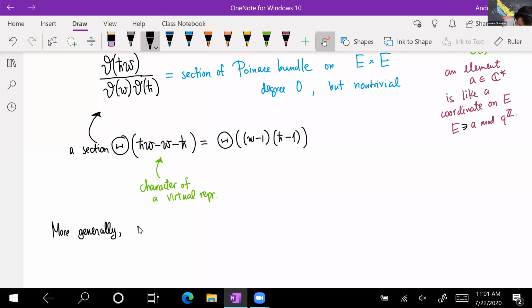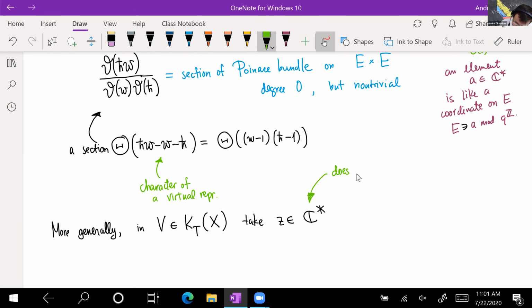what more general, if V is a T-equivariant K-theory class on X, I can take a variable Z, which is in some other abstract C star. This C star does not act on X at all.